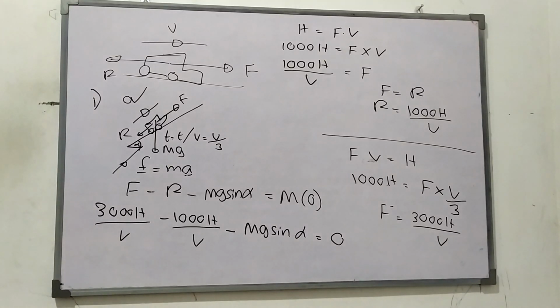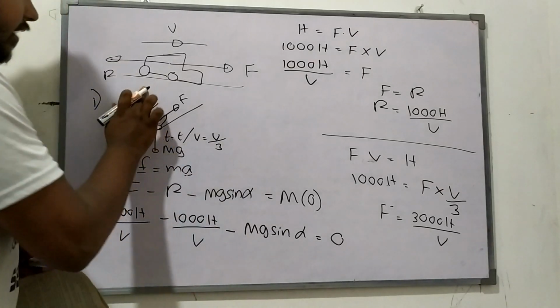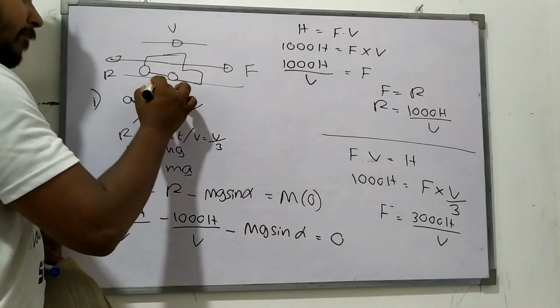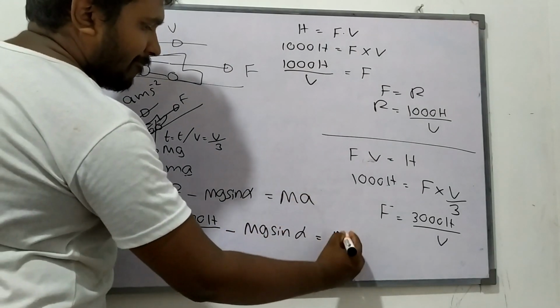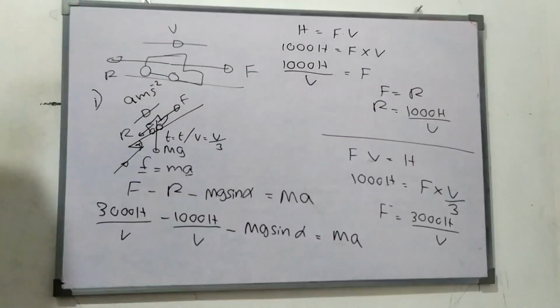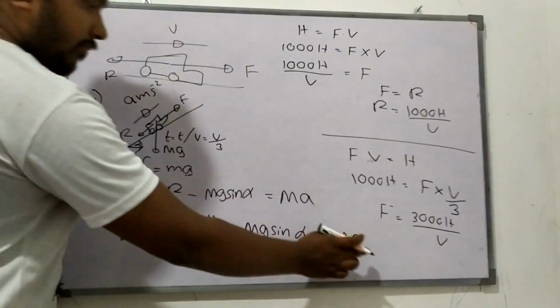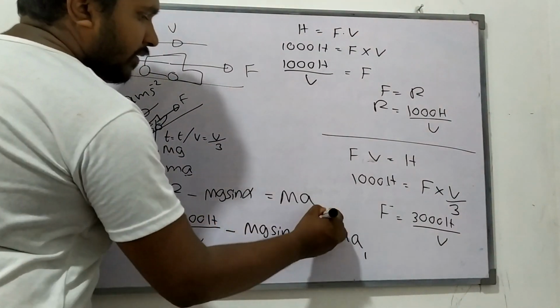Sorry, it's acceleration. The acceleration is A, in ms minus 2. We have to find the A. Assume it's A1.